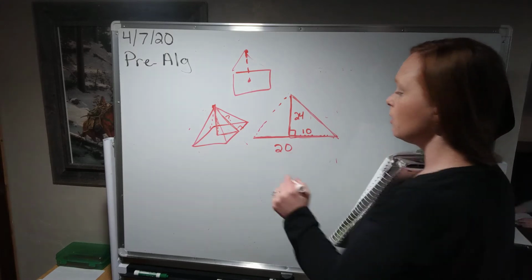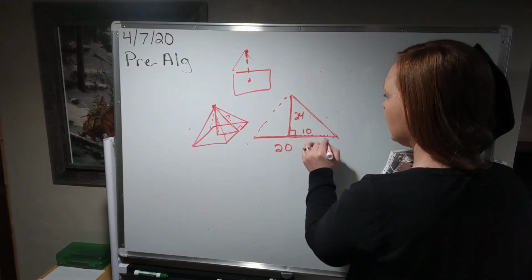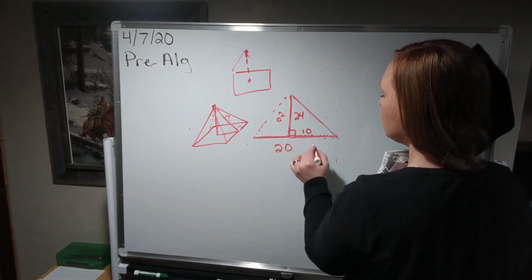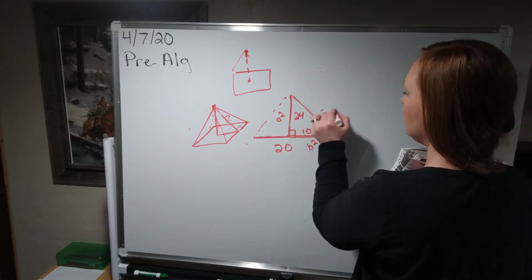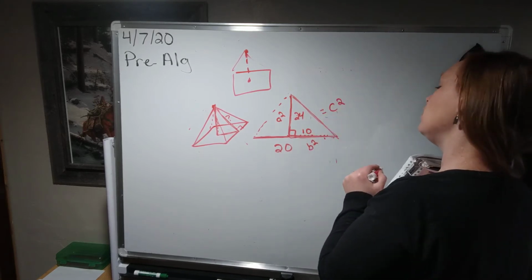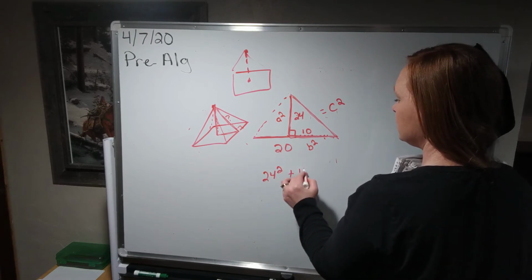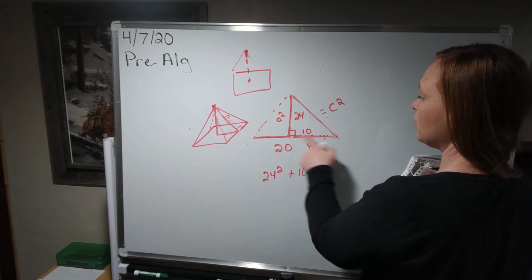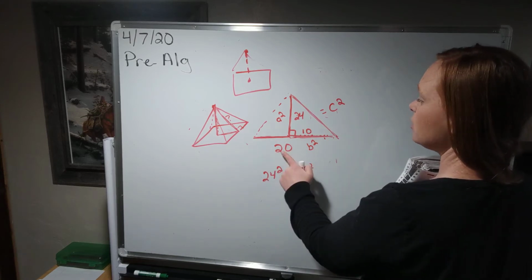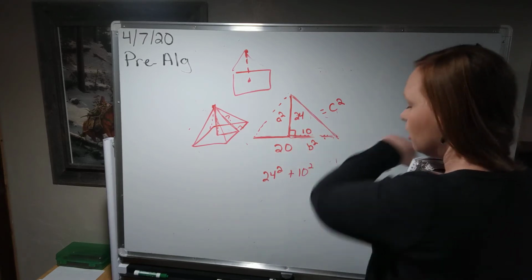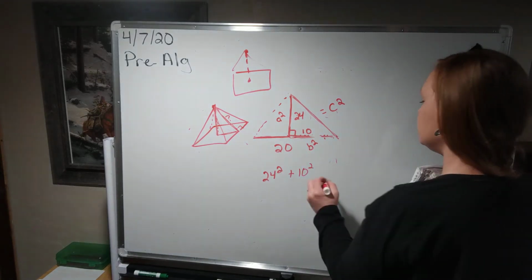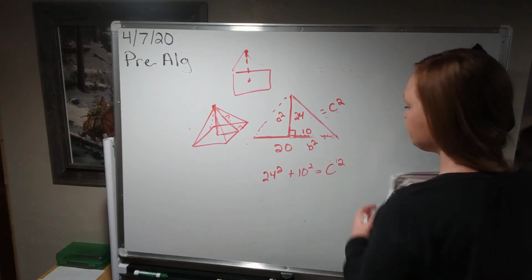Now, if you'll remember, to do that, the two legs, we take a squared plus b squared equals c squared. Okay, so 24 squared plus 10 squared. Be really careful that you're just taking this part of the triangle and not 20. Just this leg. Equals c squared.